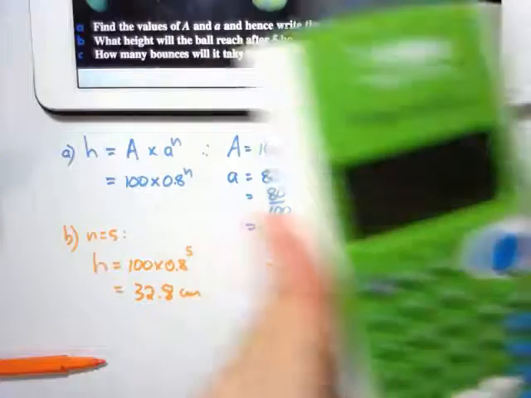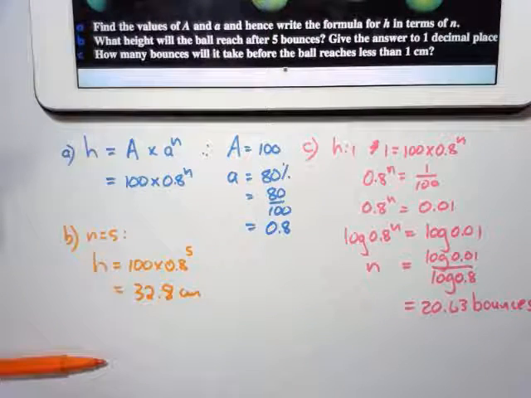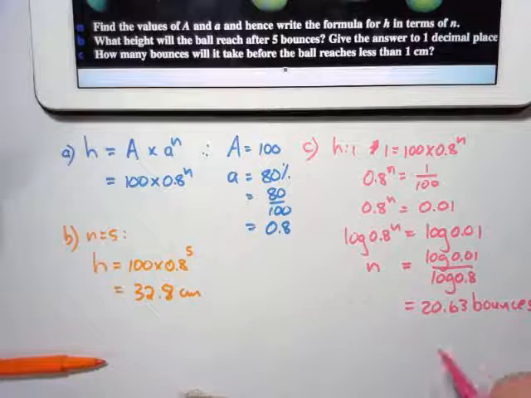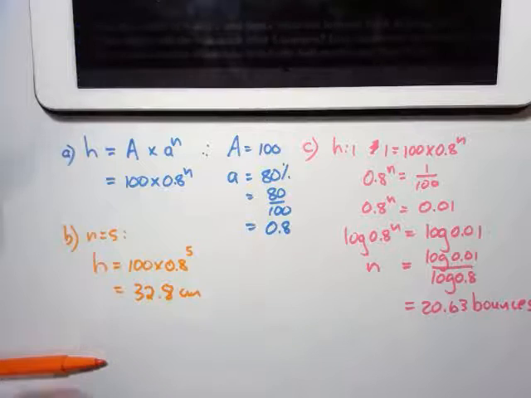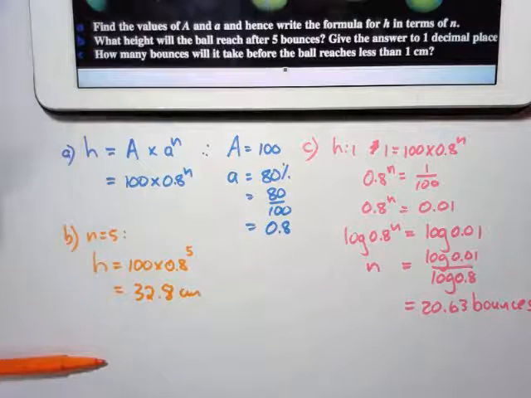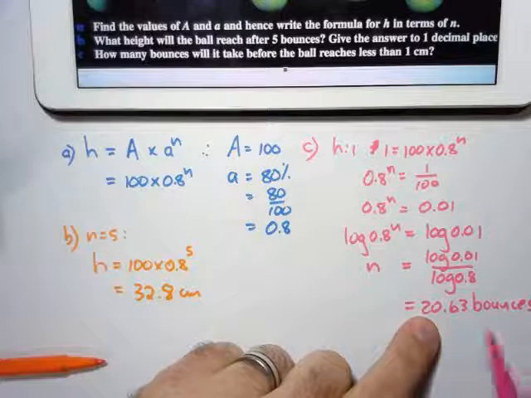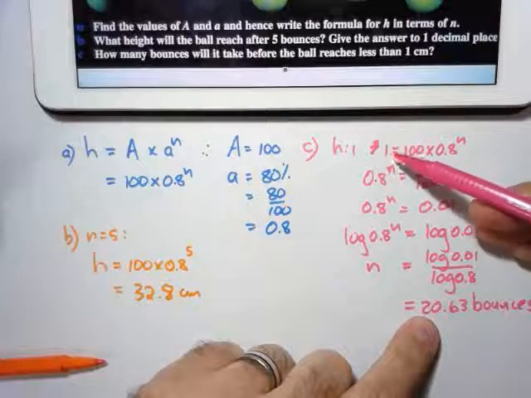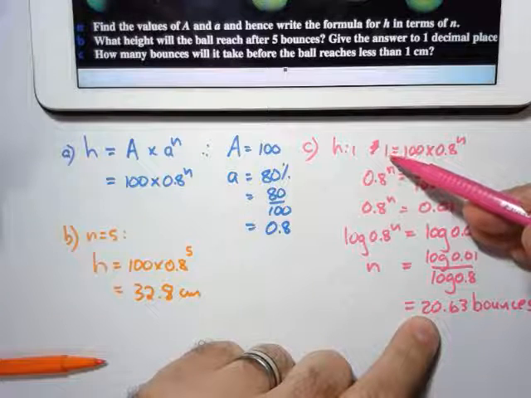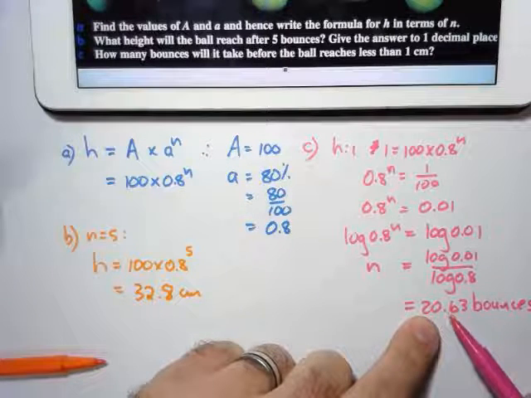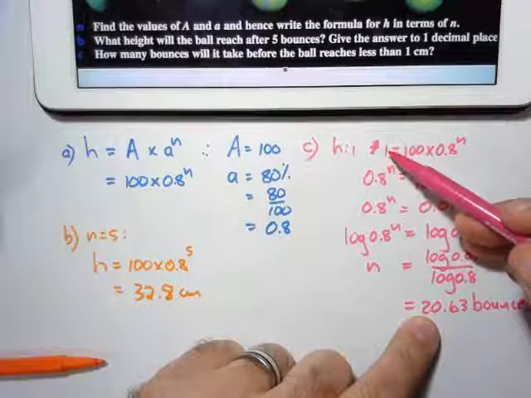Now, if you leave me that answer, I will say well done, but you'll lose half a mark, and you will also lose communication marks. The reason is, what is 20.63 bounces? Bounces can only be integers. It can only be whole numbers. So, after 20.63 bounces, I will reach 1 centimeter, which means at 20 bounces, I will still be higher than 1.